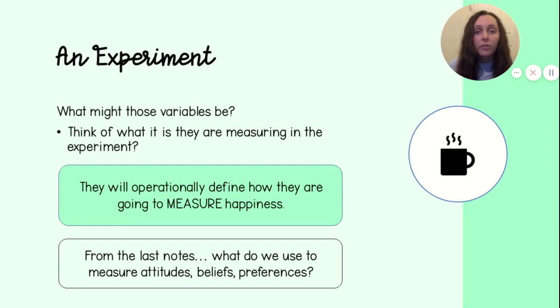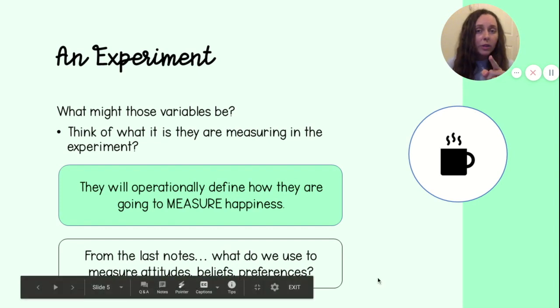So if you remember from the last video, in an experiment, if we want to try to measure something like happiness or attitudes or beliefs, we have to use a survey. And still, there's some issues with that, but that's our best option. So then if someone is trying to replicate this experiment in the future, they can use that same survey so we can keep everything as clear as possible.